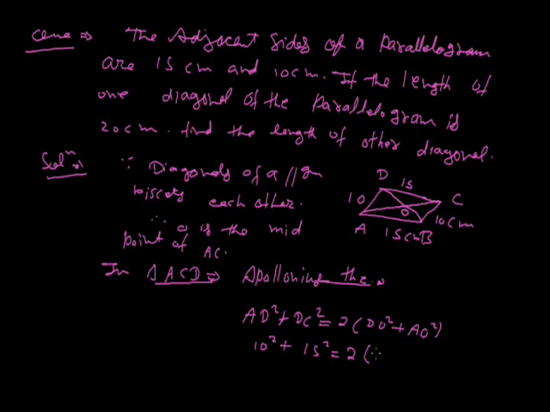We just need to find the value of DO. Now it is given that one diagonal is 20 centimeter, so we are taking the value of AC as 20 centimeter. So AO will be half of AC, which becomes 10 centimeter, because O is the midpoint.